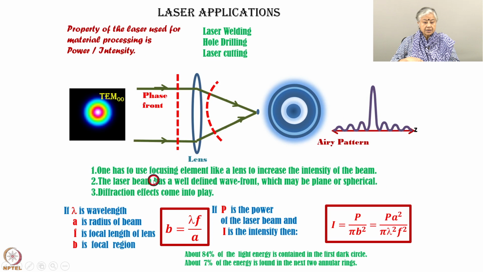Okay. So, one has to use the focusing element like a lens to increase the intensity of the beam, and the laser beam has a well defined wavefront which may be plane or spherical, and the diffraction effects also come into play. So, what do I mean by the diffraction effects? When you focus that beam to a tiny spot, it is not really as tiny as that. If you look at a bigger picture, you will find these rings.